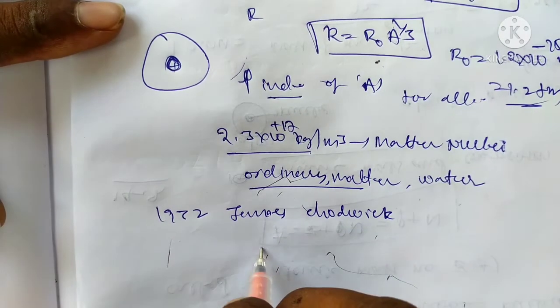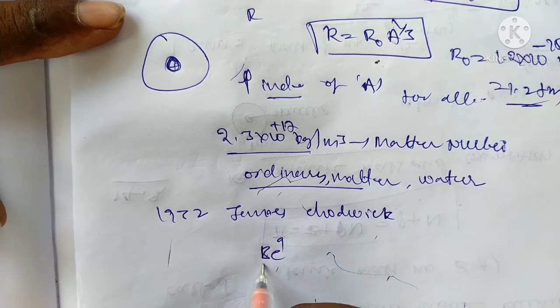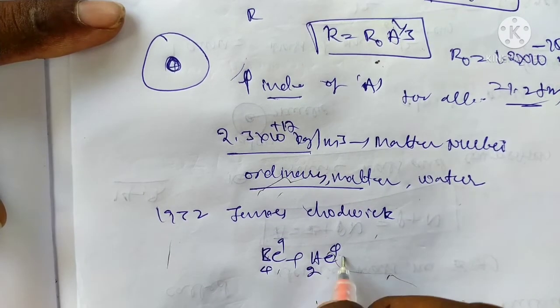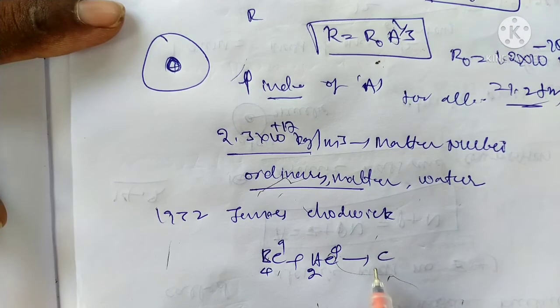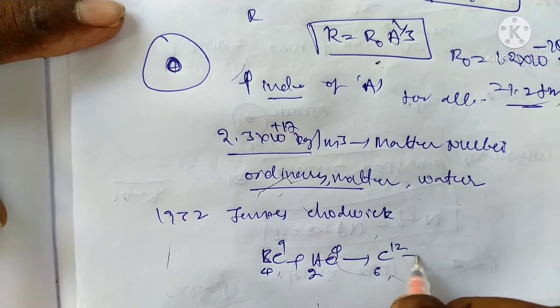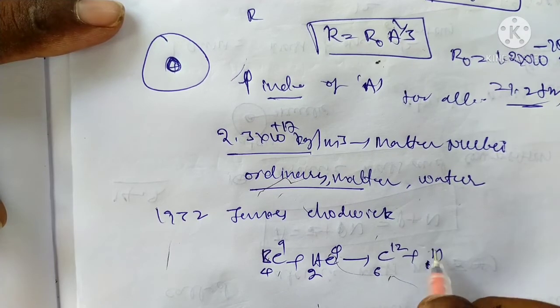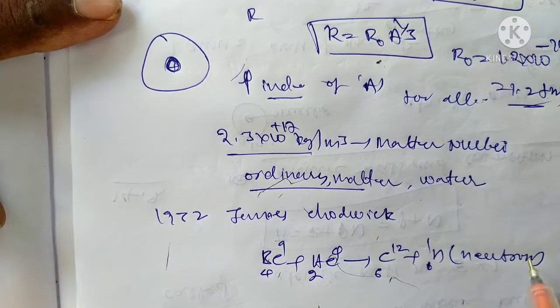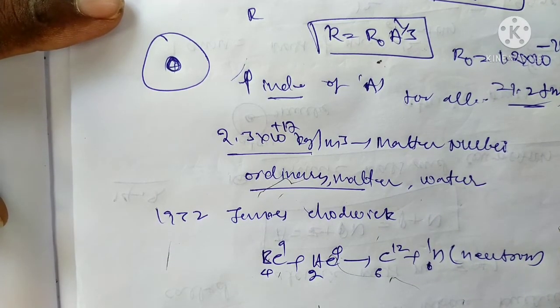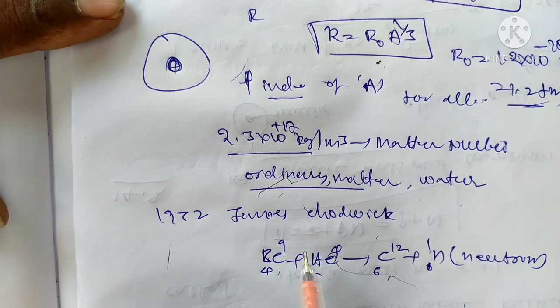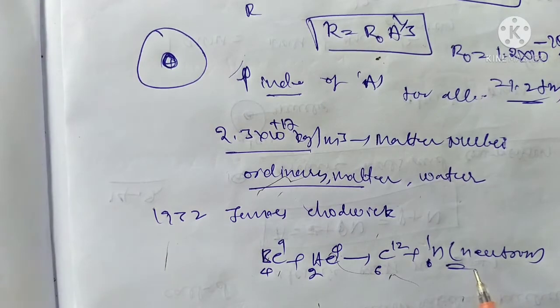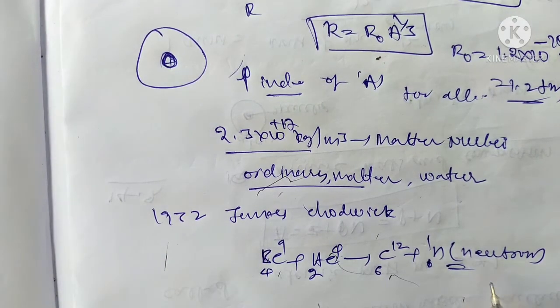That is, beryllium Be 9 4 plus alpha particle He 2 4 gives carbon 12 6 plus one neutral particle, that is a neutron. It was found that neutral radiation exhibits one special particle, that is a neutron.